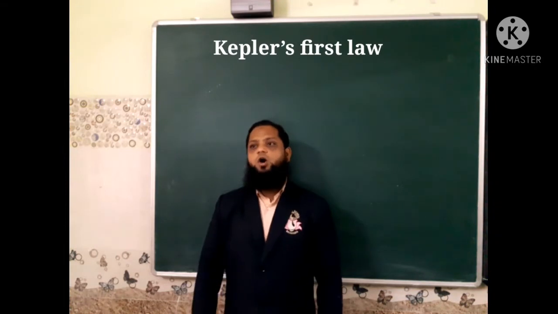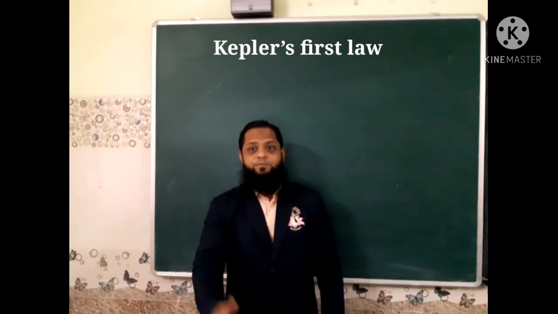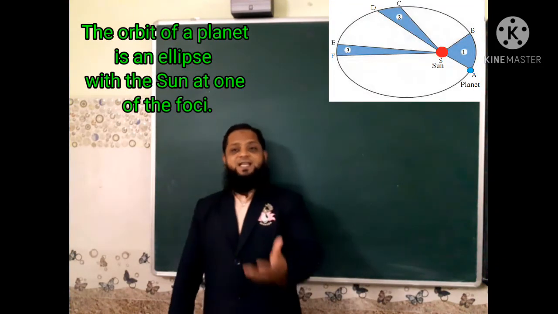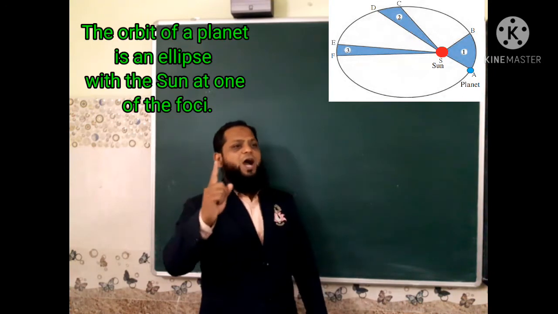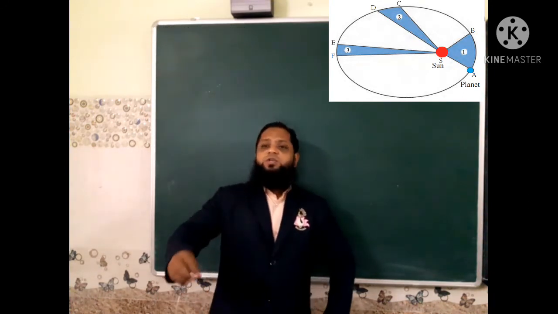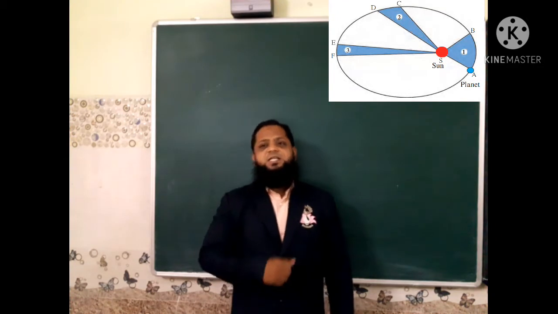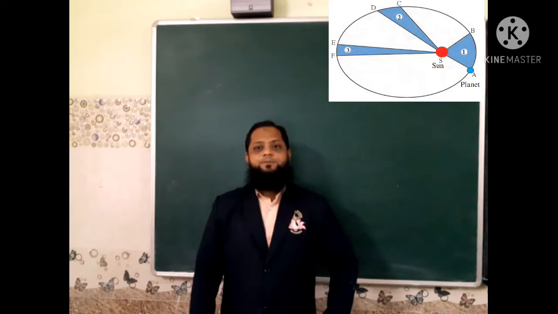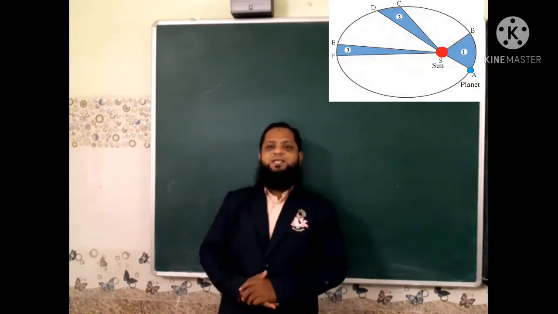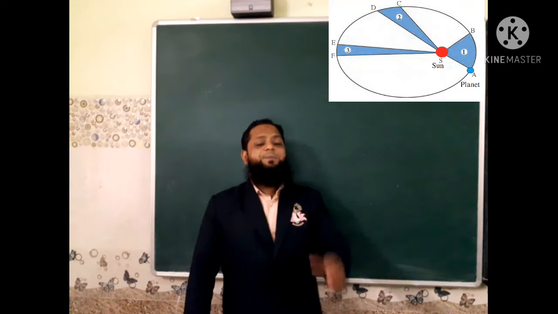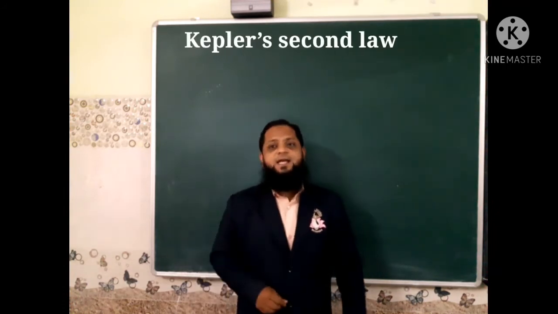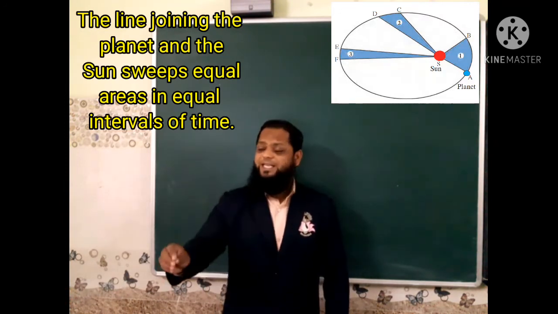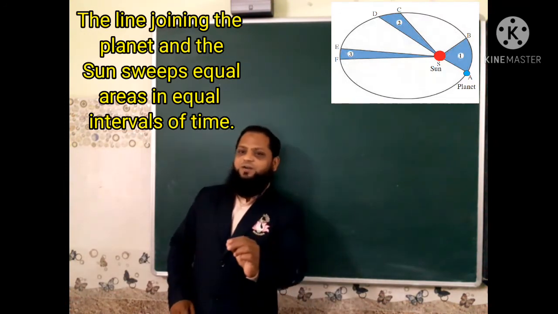Kepler's first law states that the orbit of a planet is an ellipse with the sun at one of the foci. Dear children, this is the elliptical orbit of a planet revolving around the sun. The position of the sun is indicated by the letter S. Kepler's second law states that the line joining the planet and the sun sweeps equal areas in equal intervals of time.